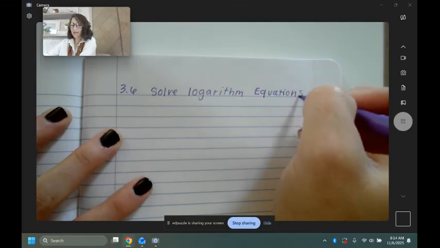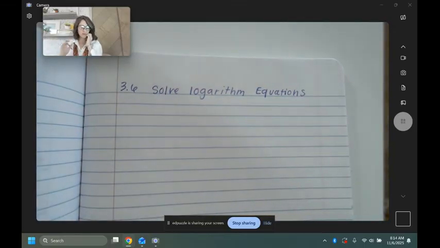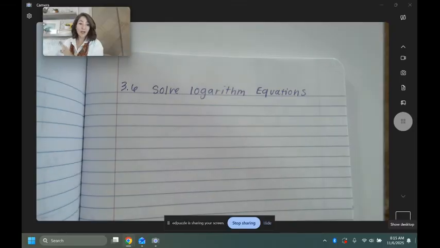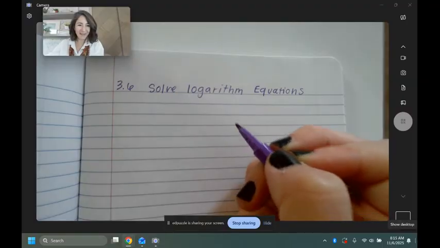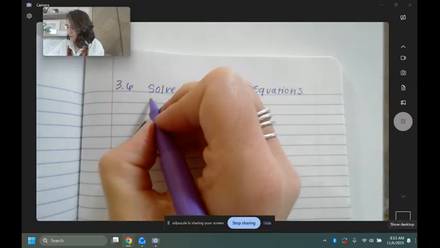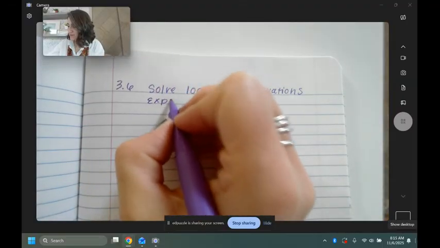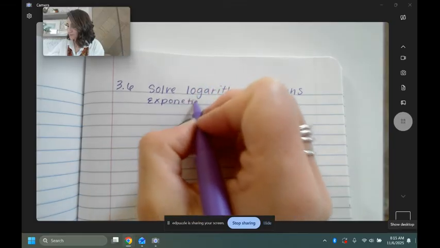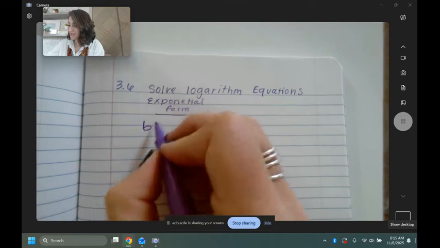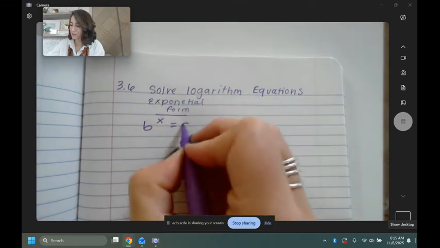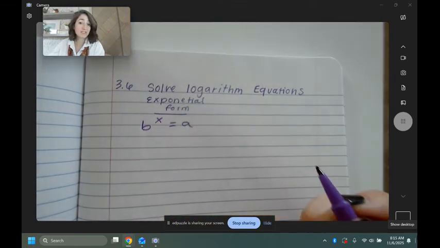So if you want to take a minute and review some of the log properties, some of them are helpful. All right, so we're going to start with, what is a logarithm? Like a reminder. When I have something in exponential form, it looks like this. I've got a base raised to the x equals some answer, right?